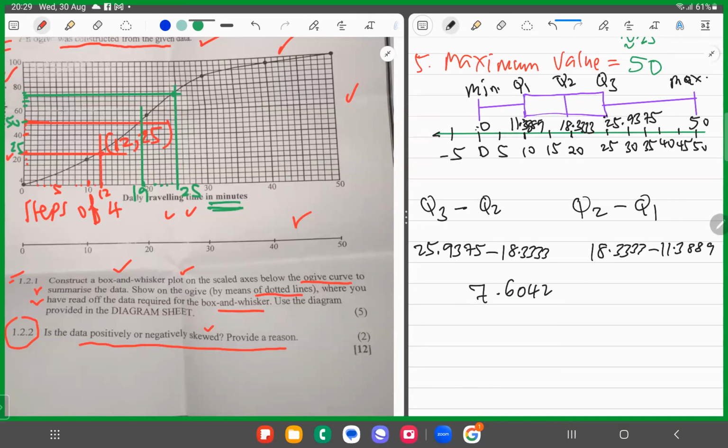Now here we also have 18.3333 minus 11.3889, which is 6.9444.